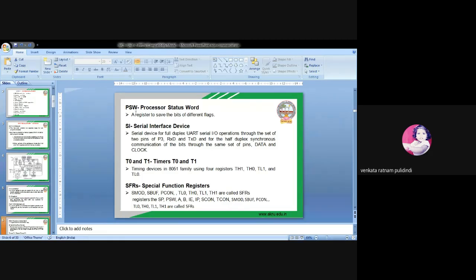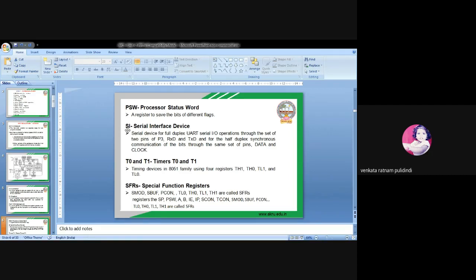All the registers are 8-bit, so if the result after the process is more than 8 bits, it indicates that the result has overflowed, and then it is automatically stored in the B register. To indicate that, we have one status bit, the overflow flag. So it is an 8-bit register with different flags.